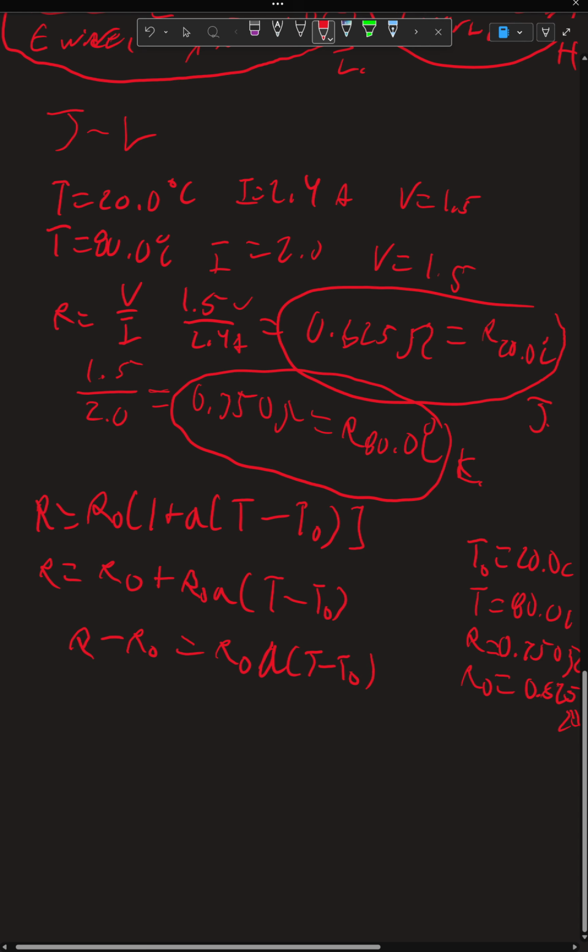Then I divide the right side that's not A, so A equals R minus R0 over R0 times T minus T0.